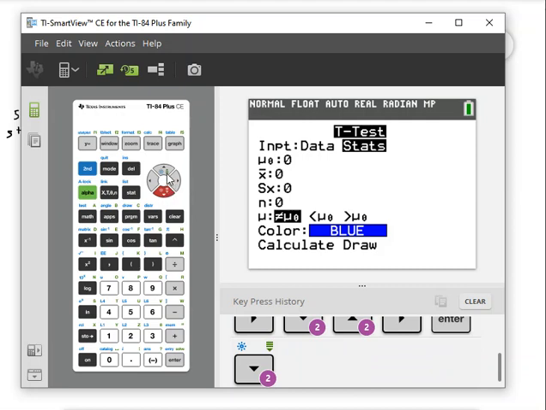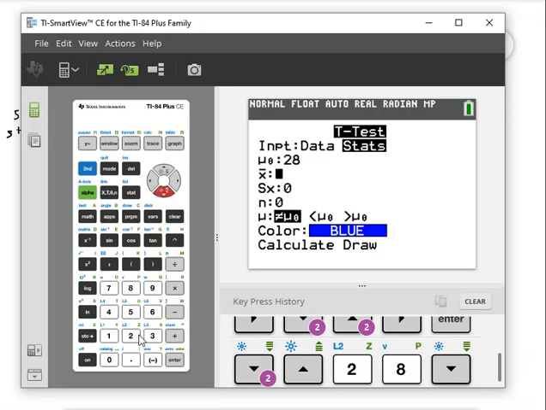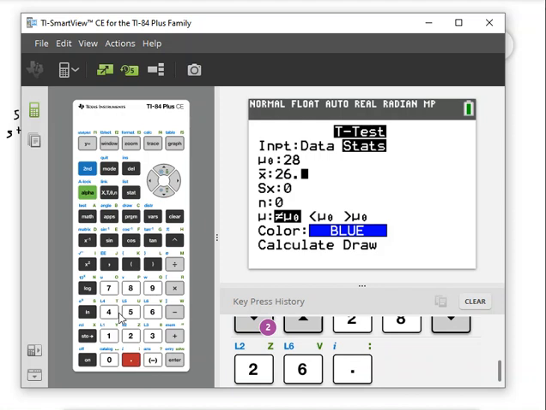All right. Hypothesized mean, or claim. Sometimes we'll call it the claim. 28. Sample mean was 26.7. And our standard deviation was 4.2.